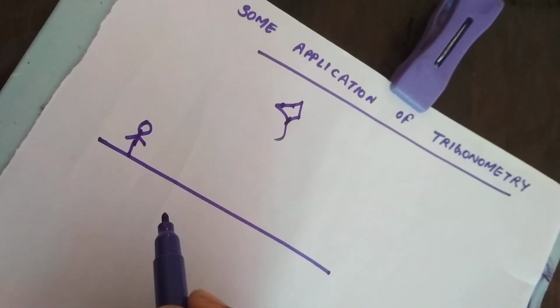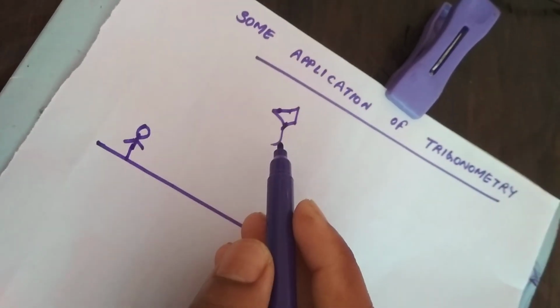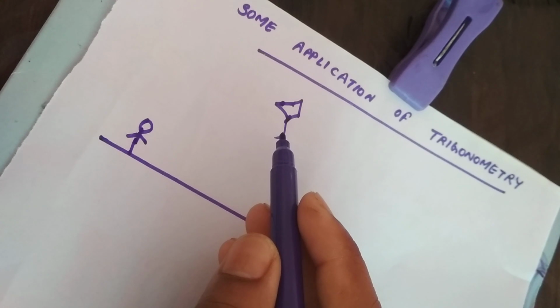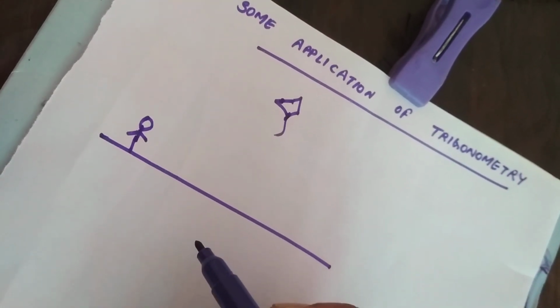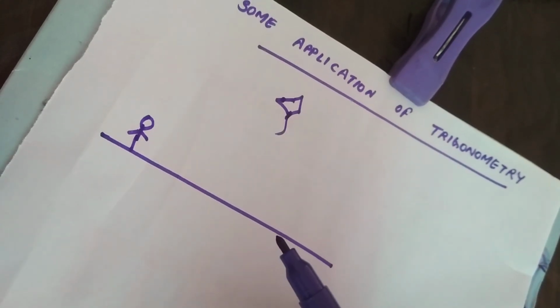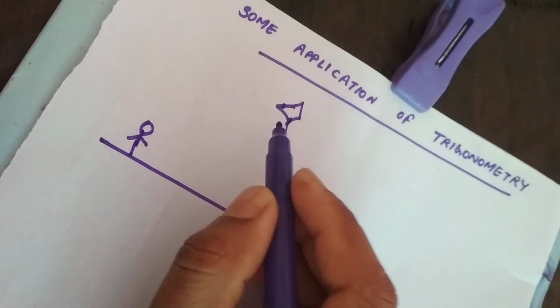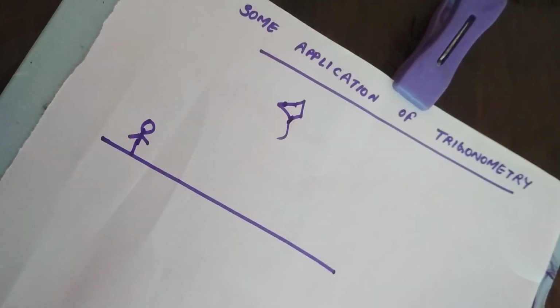Now, if I need to find out at what height from the ground the kite is, obviously we need to look into some particular concept to get the answer. Let's say I want the height of the kite from the ground.